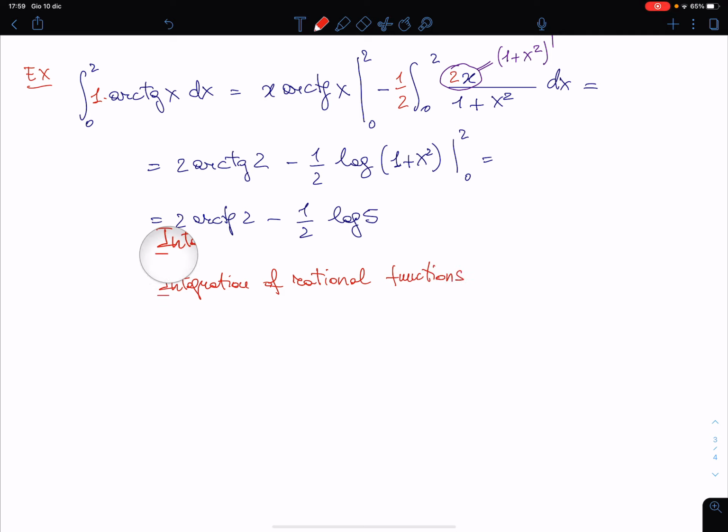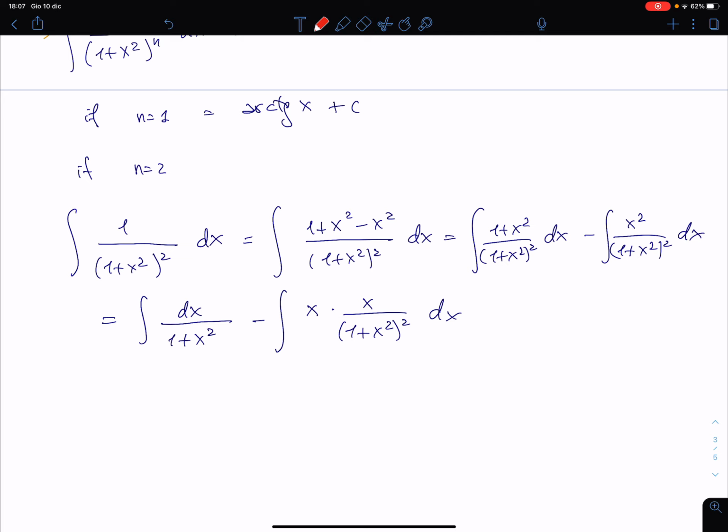And for the second, there is a smart trick, which is the following. This is x times x divided by 1 plus x squared squared dx. And here you go by integration by parts, because one term is easy to differentiate and the other term is easy to integrate, because here you write 2, so you are in the previous case.